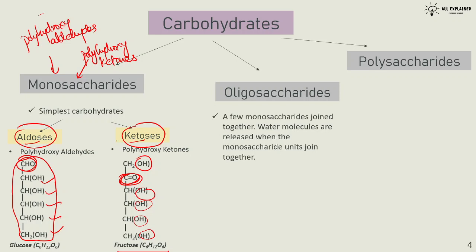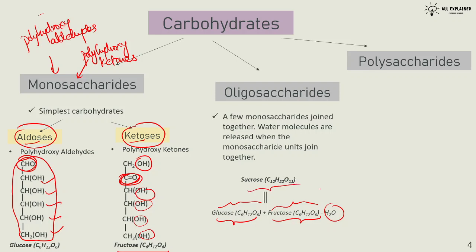Then we can join a few of these units together and release water. So the first example here is sucrose. Sucrose is made up of a glucose unit and a fructose unit. I will go into the structural details in the upcoming videos, trying to keep it a little bit simple here. So just glucose and fructose units, and one water is removed in this process, and you get a sucrose molecule.